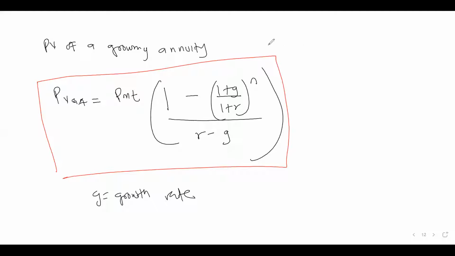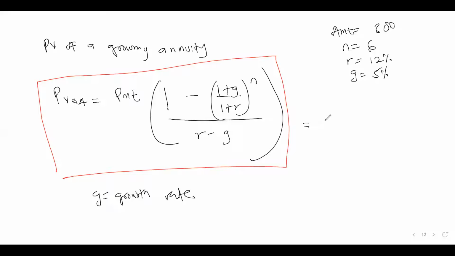The payment is 300, number of years is 6, interest rate is 12%, and the growth rate is 5%.